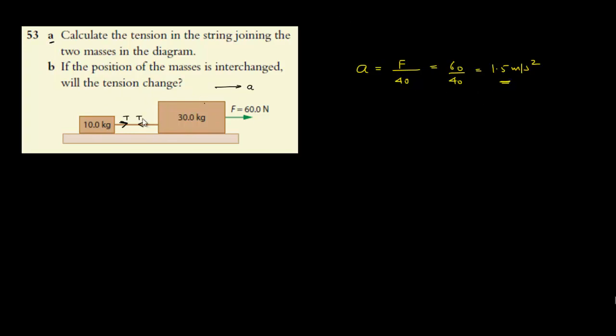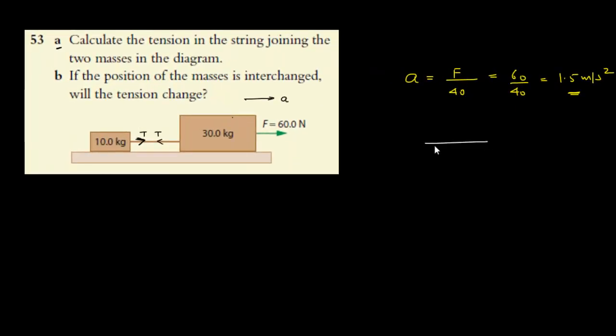Now we have to find this tension in the string. For that I am going to draw the free body diagram for this 10 kilogram block. The force acting on this mass of 10 kilogram is T, and this block is accelerating in this direction with the acceleration that we have calculated, that is 1.5 meter per second square.